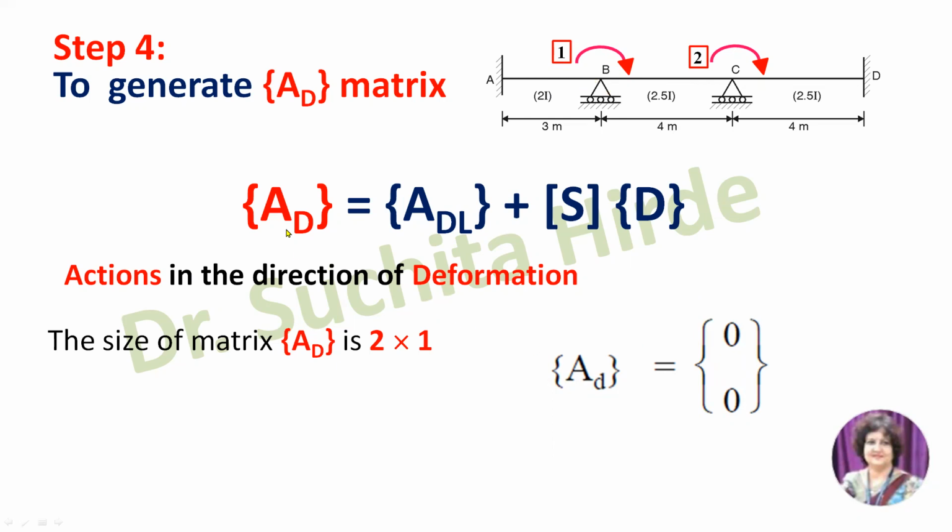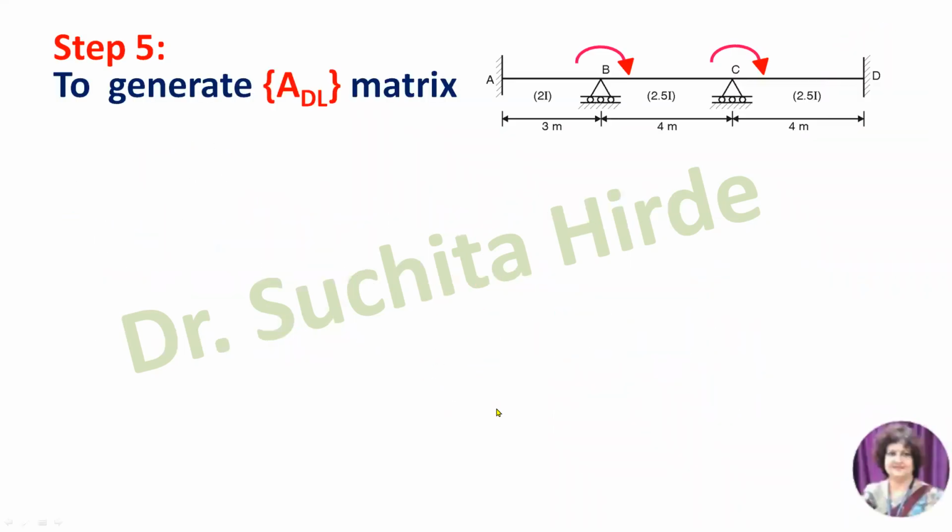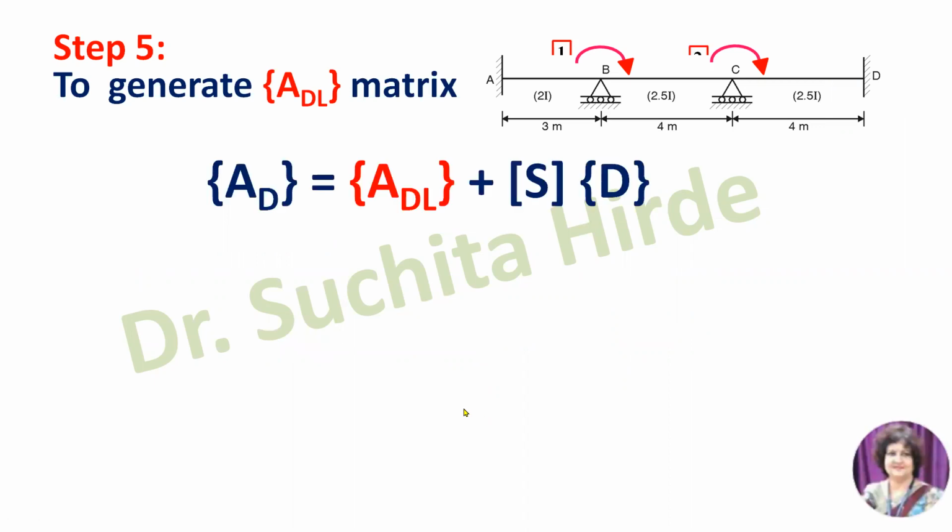So the AD matrix is not due to load, but it is the direct moments acting at joints B and C. Here the AD matrix is 0 0 since there is no external moment acting at joint B and joint C. Now next is to develop the ADL matrix. ADL means actions in the directions of deformations.